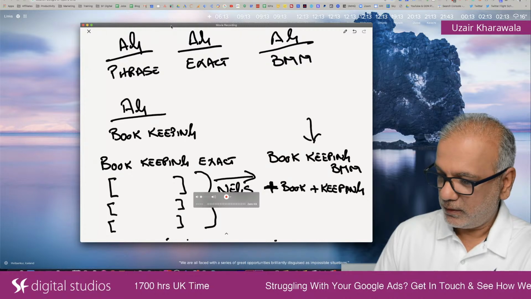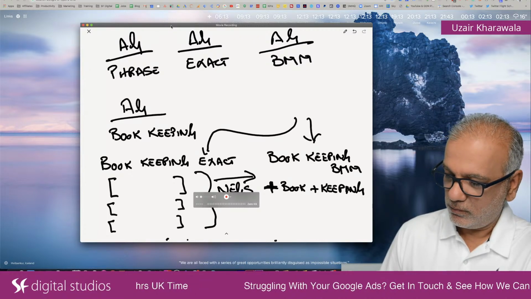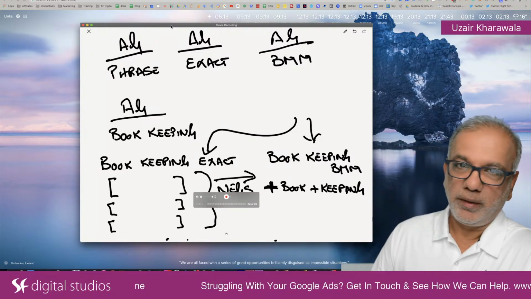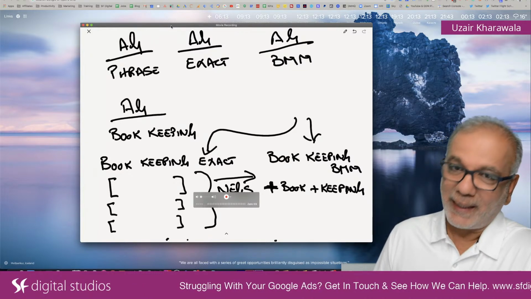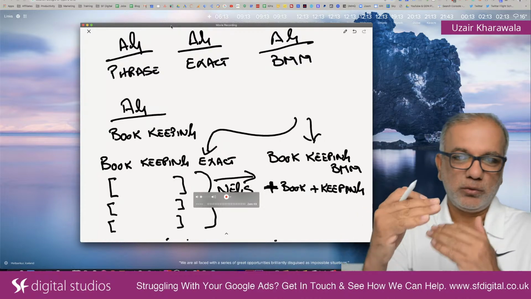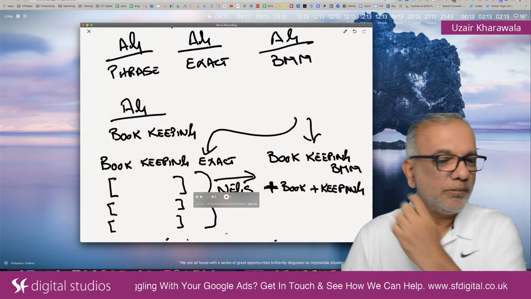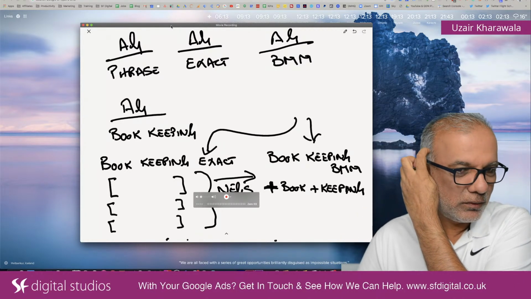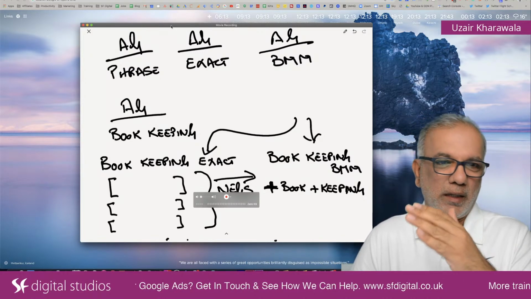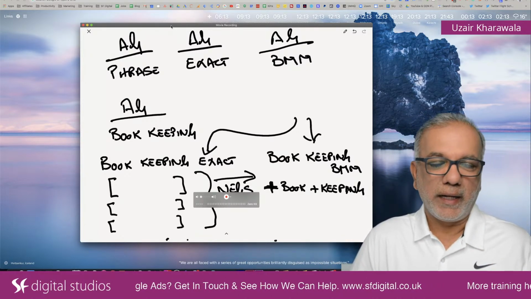We are sculpting the traffic into our exact match, so every exact match keyword will be a negative exact match in the BMM ad group. So these two ad groups work in pairs. I know it might sound or feel like it's too complicated, but this is kind of like sculpting the traffic to the right ad groups.